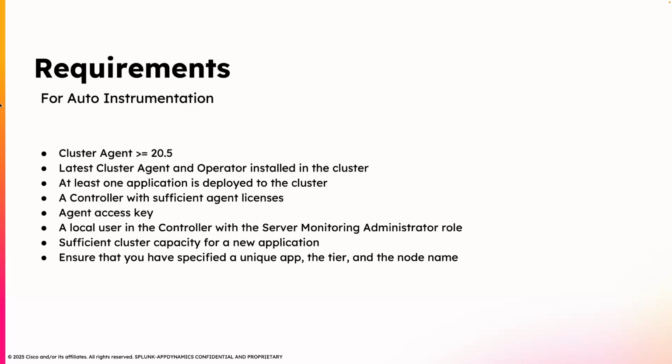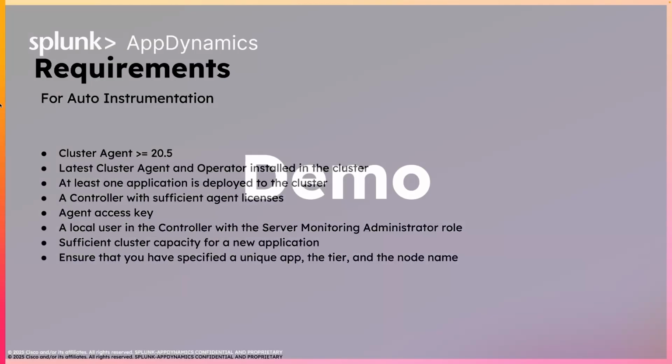An agent access key for access and communication with the controller. A local user in the controller with server monitoring administration role, sufficient cluster capacity to launch a new application, and ensure that you have specified a unique app, tier, and node name within the YAML file that we're going to be using to deploy the application.